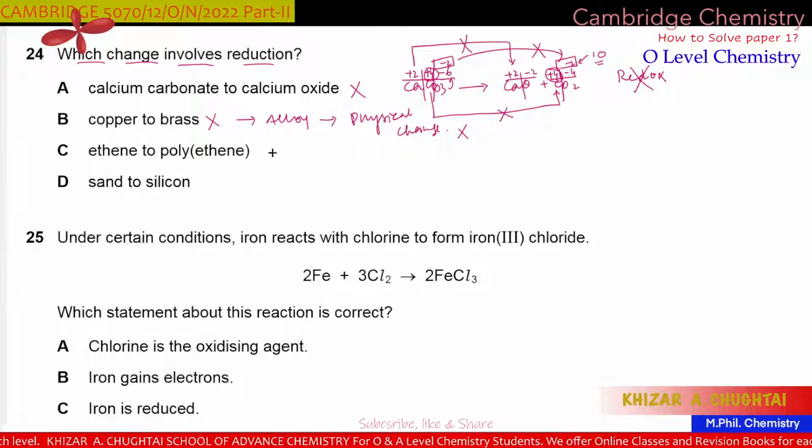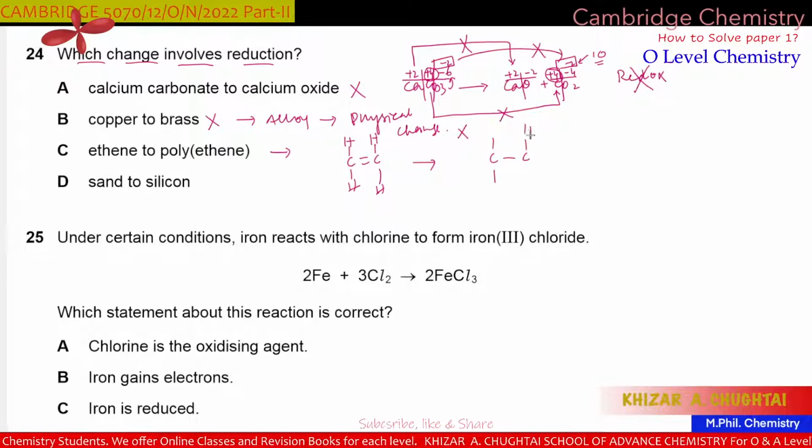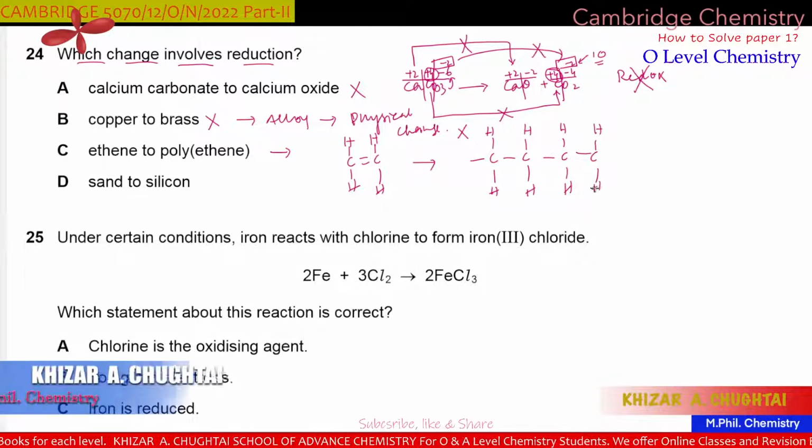Ethene to polyethene, and this is the ethene. This one, C double bond C, H, goes to similar atoms again over here, but this time it is making a long chain, and this is part of polyethene.